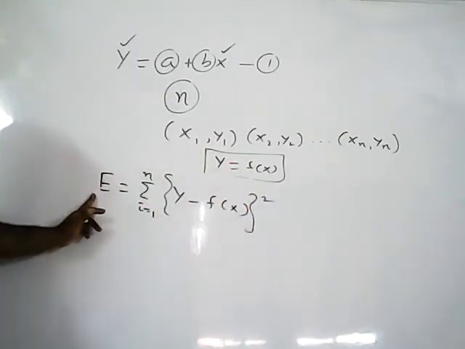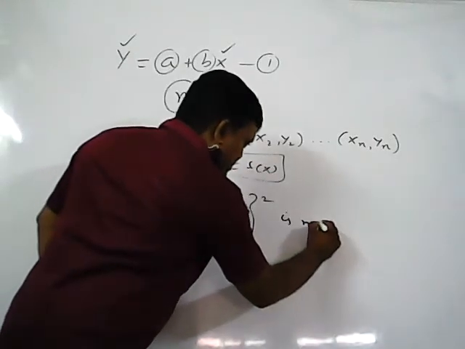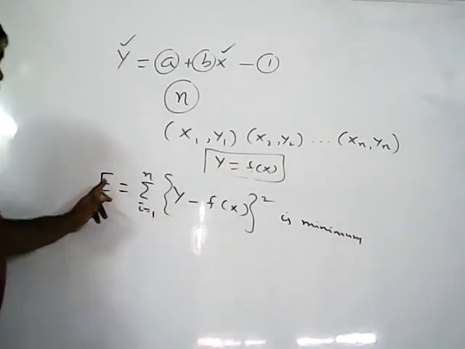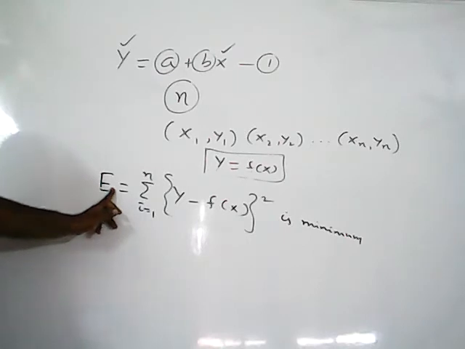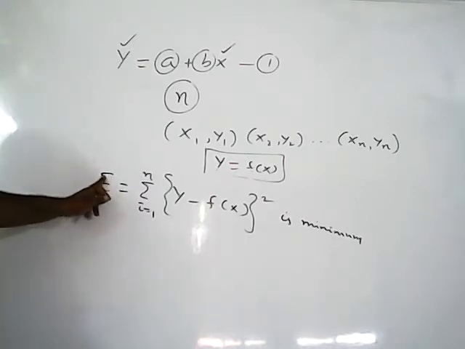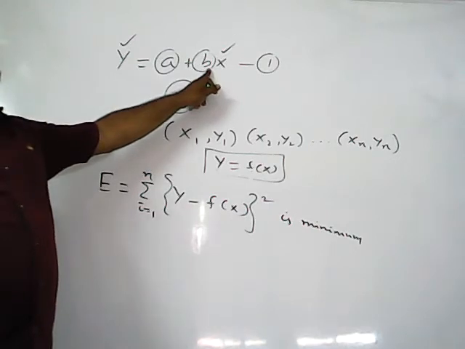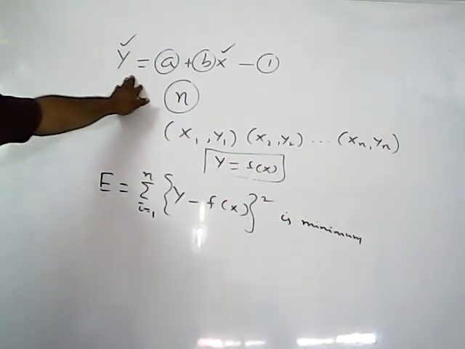This error should be minimum. That is the principle of least squares: you have to minimize this error. So fitting a straight line means identifying the values of a and b that minimize this error. For this derivation I will use the principle of least squares technique.